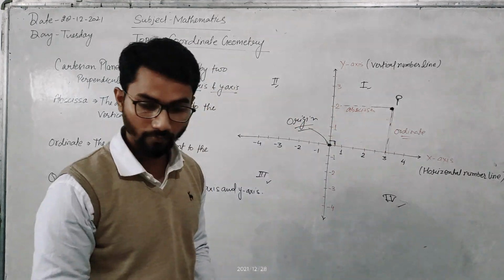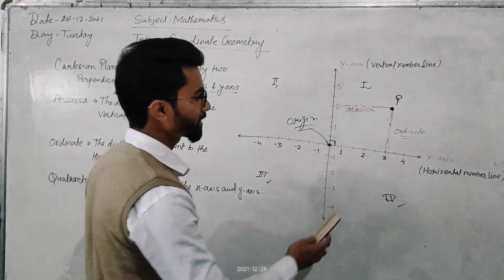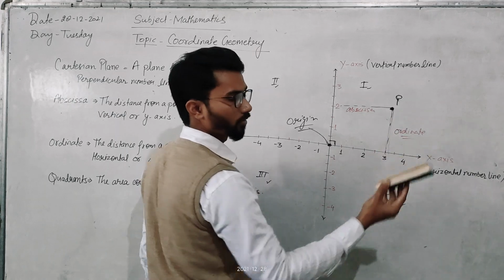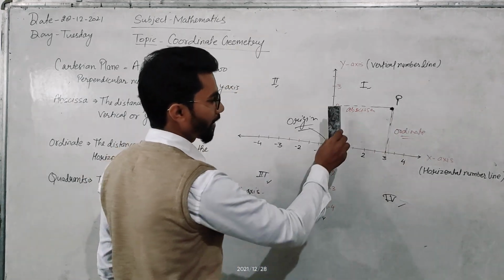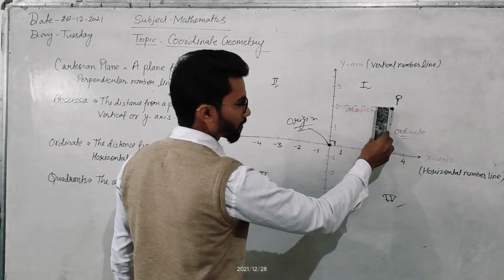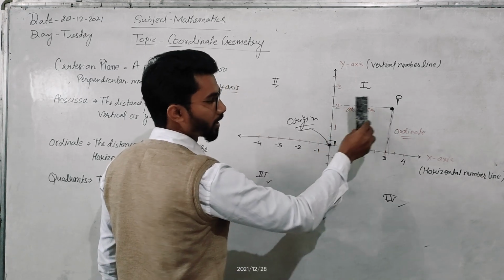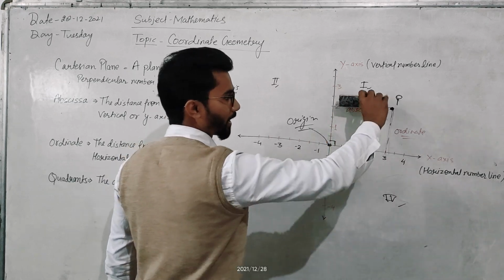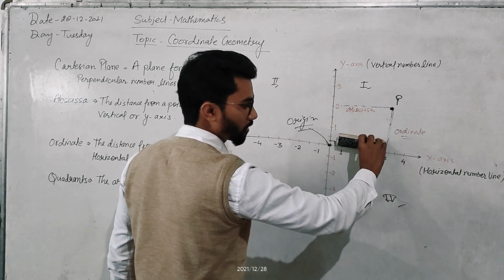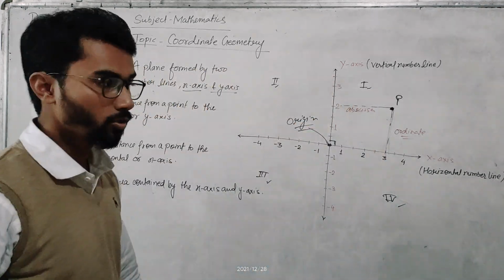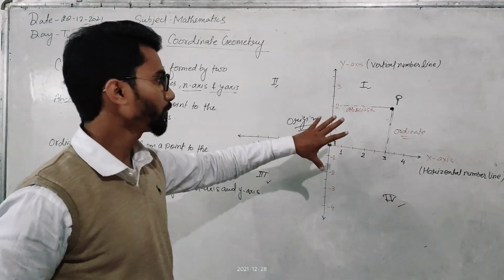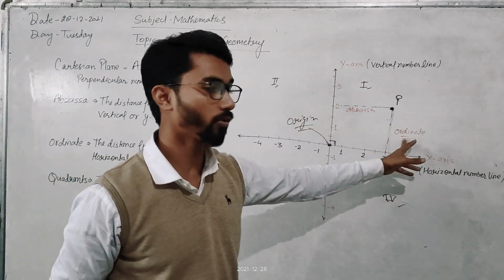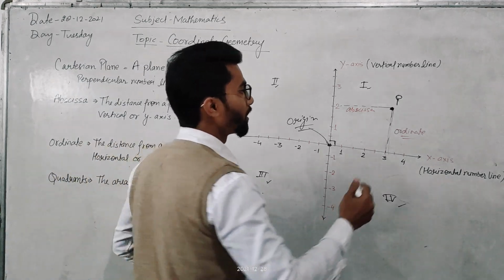We can measure these numbers by scales, or if we don't have a scale, we have to choose parallel lines on the number line. This distance can be measured on that number line, and this distance can be measured on that number line. So we can use the abscissa and ordinate to find the coordinate of that point.